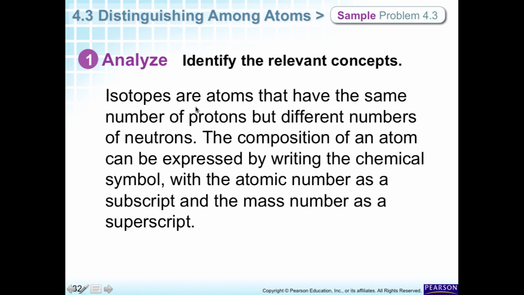Basically, isotopes are atoms that have the same number of protons. All right, so we know that means they have the same atomic number, but they have different numbers of neutrons. So that means their mass number will change. So the atomic number is the subscript, and the mass number is the superscript.